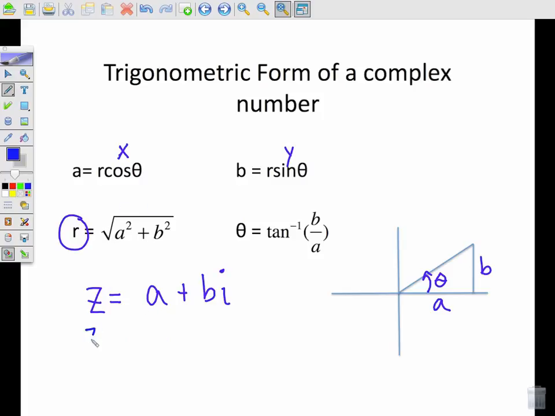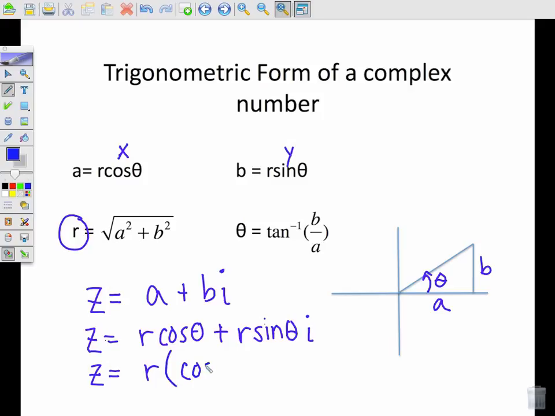My a is r cosine theta, so we have z equals r cosine of theta plus r sine theta i. So now we can conclude that our complex number is, let's factor out an r times cosine theta plus sine, or we want to put the i in front, i sine theta.